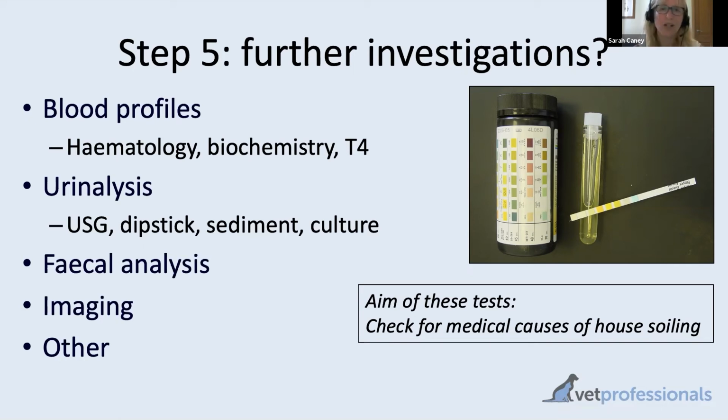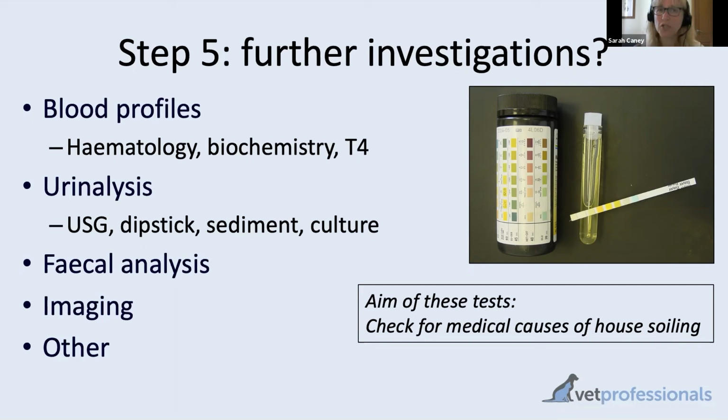All these little clues can help, added to which, depending on the age of the cat and other background information, it might also be recommended to do some blood profiles. In older cats in particular, the T4 is a test for thyroid disease, which can affect behaviour, hence including that in this recommendation. Of course, if the cat's passing faeces outside the litter tray, and if they look in any way abnormal, then analysis of a faecal sample could be helpful. And there may be other tests as well.